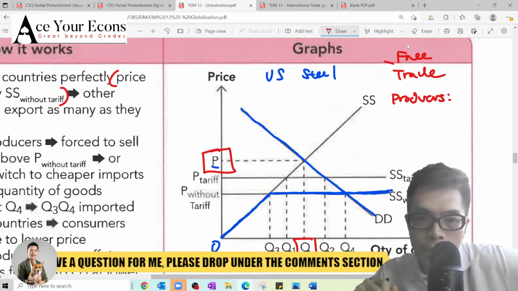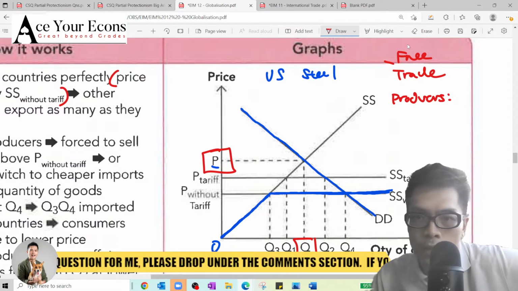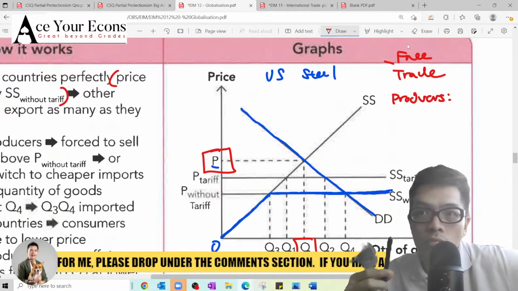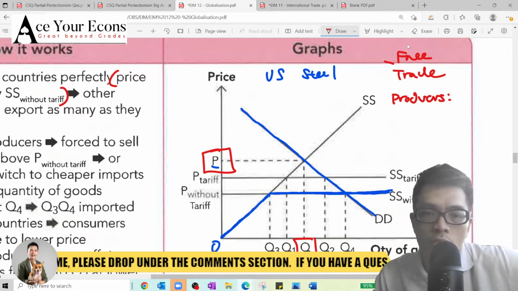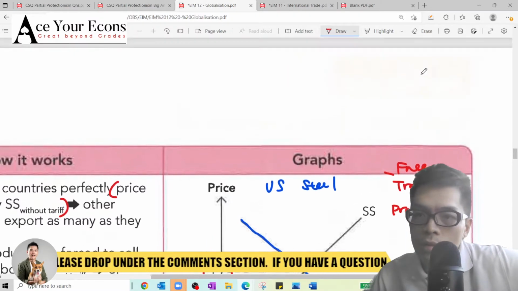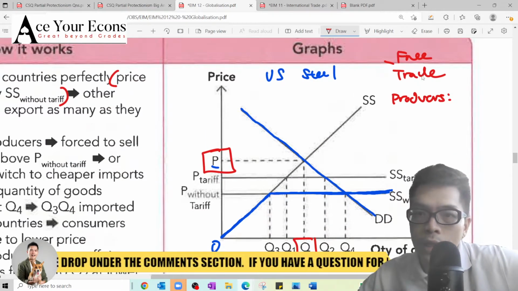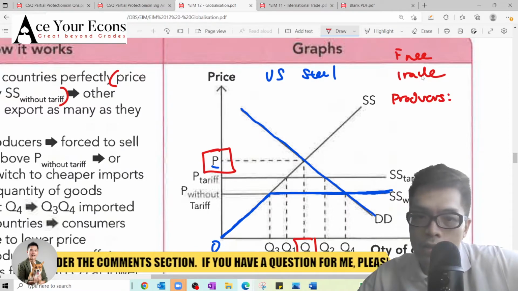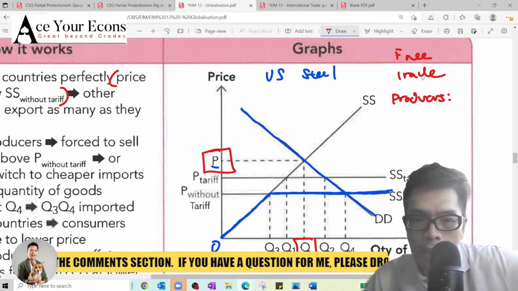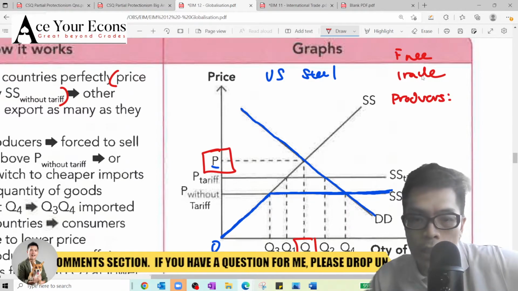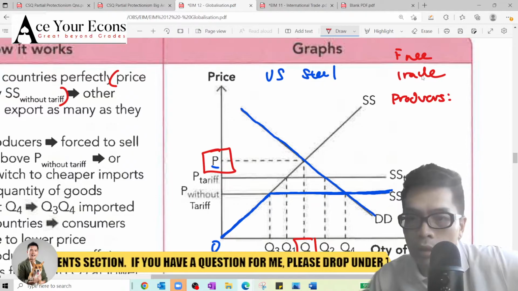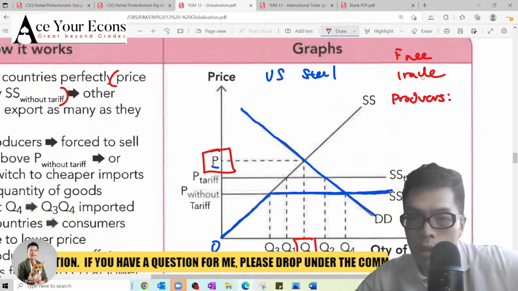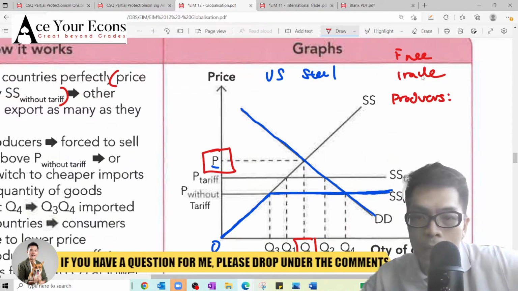But as a result of free trade, you realize that the producers are selling less. Domestic producers are selling lesser. Initially, they can sell up to OQ, but now domestic producers will sell up to OQ3. The remaining part will be satisfied by imports.